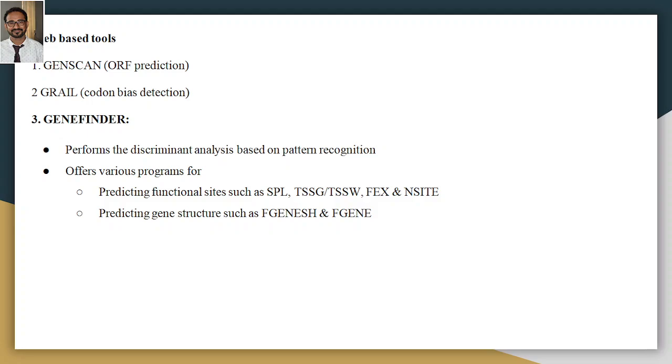And GeneFinder: it usually performs discriminant analysis based on pattern recognition and offers various programs. Many programs are there for predicting functional sites, such as SPL, TSSG, TSSW, FEX, and NSITE. Next, for predicting gene structures, we have FGENE, FGENESH, and so on.